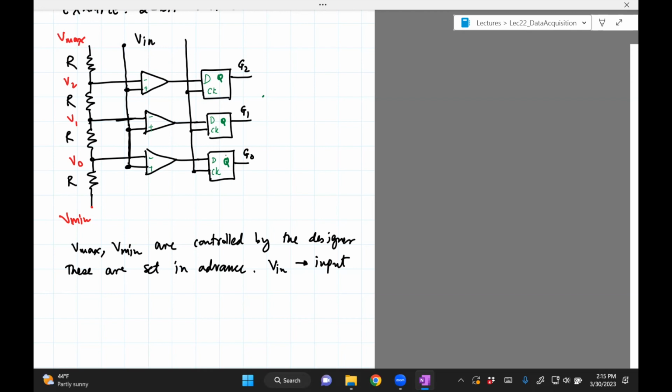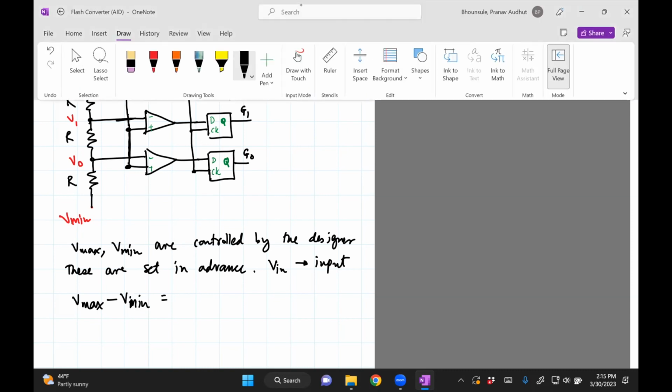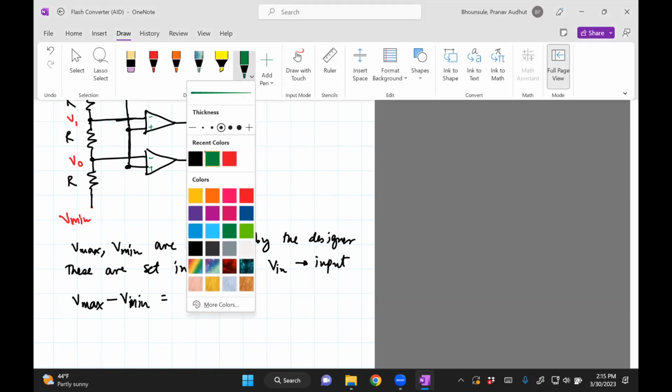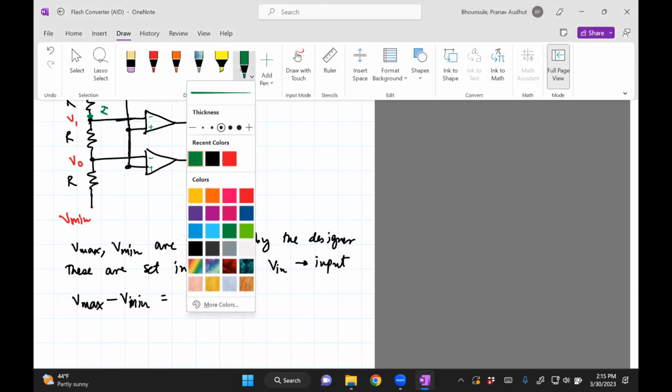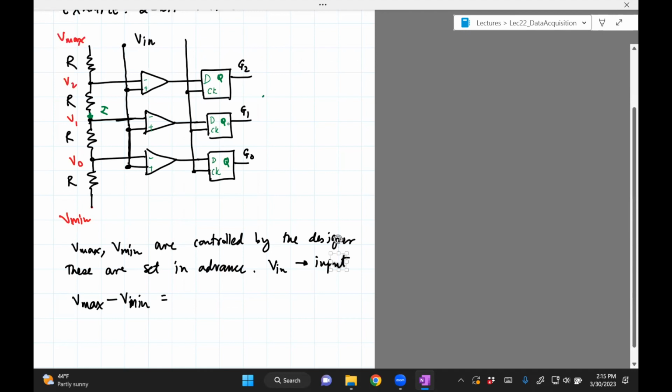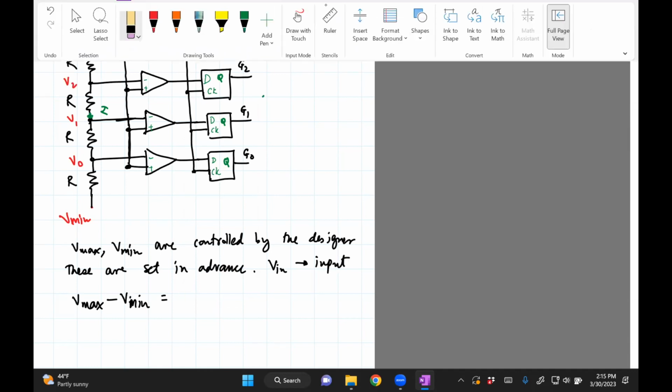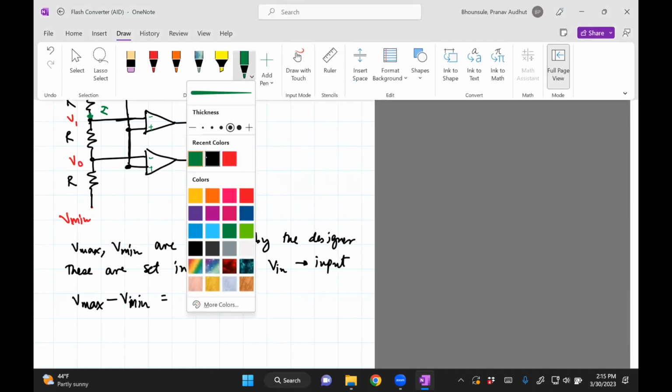So you can see from this figure that the voltage drop across Vmax minus Vmin will be the current flowing through this branch, whatever that is, times the resistance.